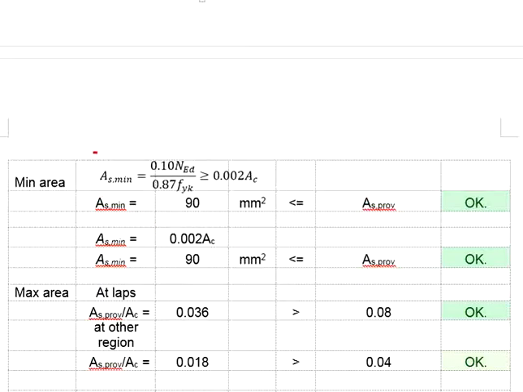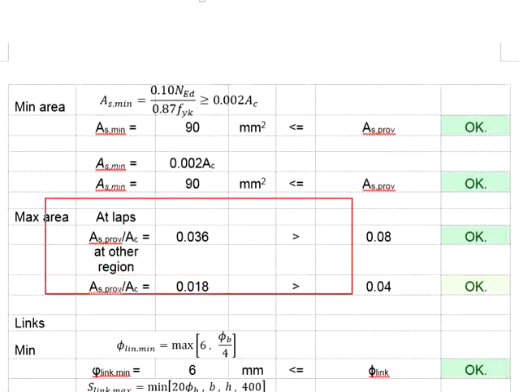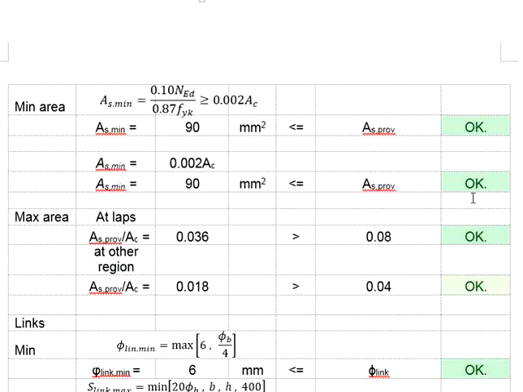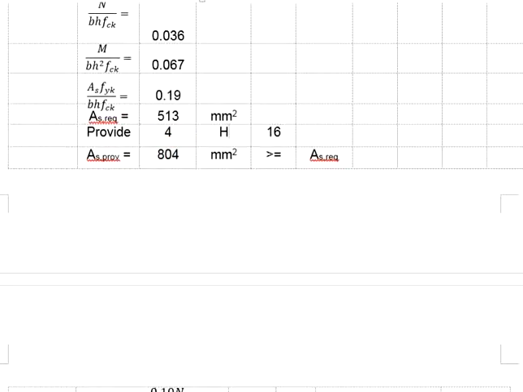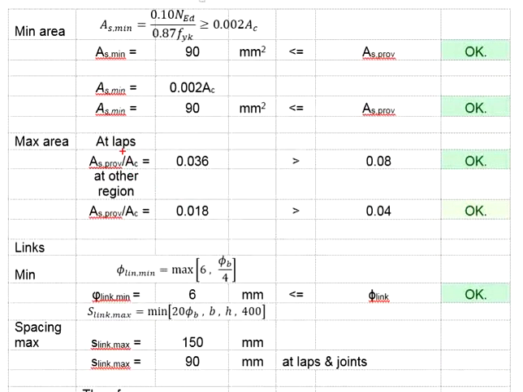And then we calculate the AS min. Use these equations to calculate the AS min. You have your AS min equal to 90 mm square. And then calculate the maximum bar area. Get your AS provided at 0.4 divided by the cross-sectional area of the column, which is 150 times 300.